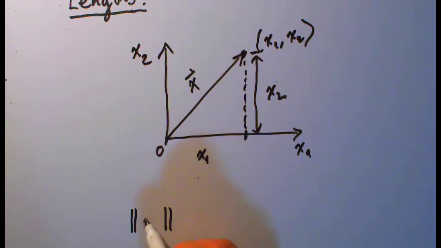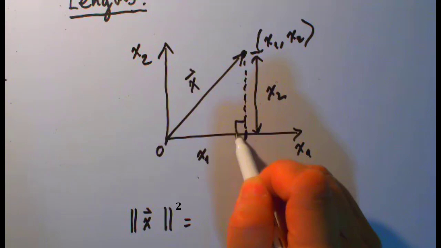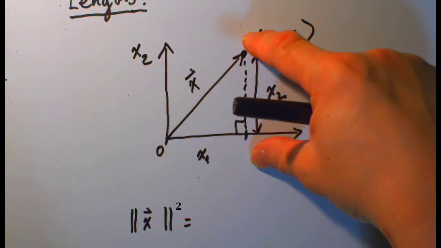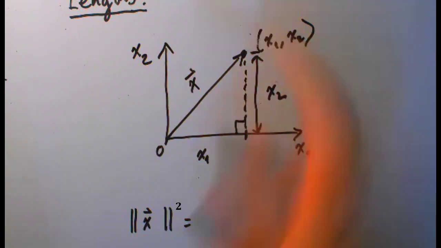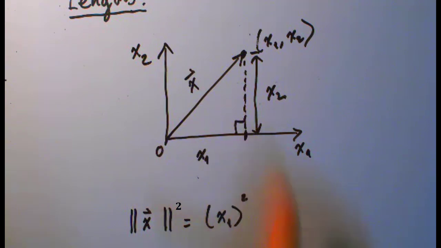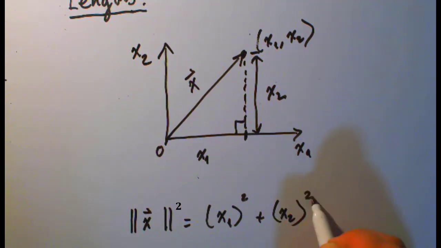For the length of a vector x, the Pythagorean theorem explains quickly that it should be just the square of one leg plus the square of the other leg. So here it's simply x1 square, this component being the rectangular leg right here, plus x2 square.